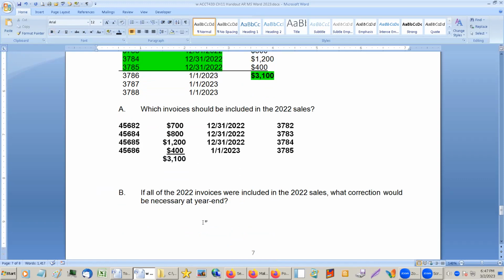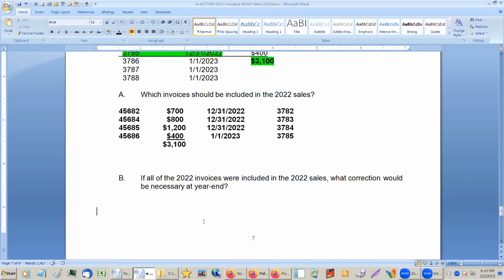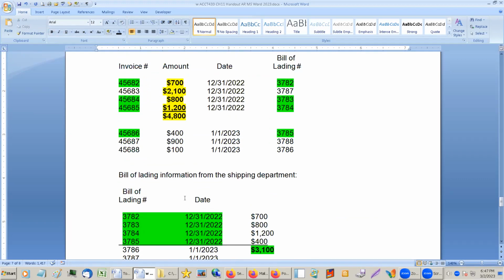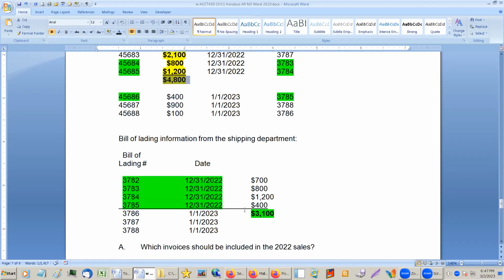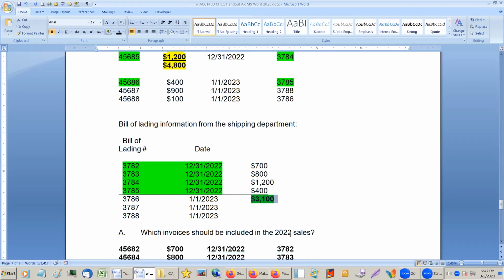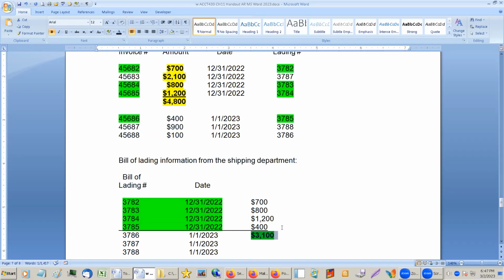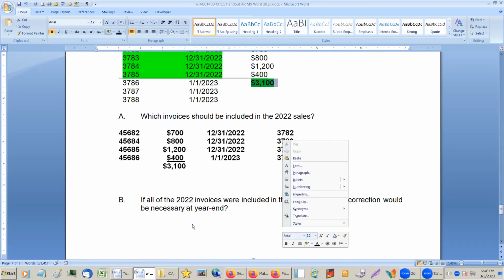If all the 2022 invoices are included, what correction would be necessary at year end? Okay, so this is what they booked, 4,800. They should have booked 3,100 for the same. So what's the difference there? 1,700, right?